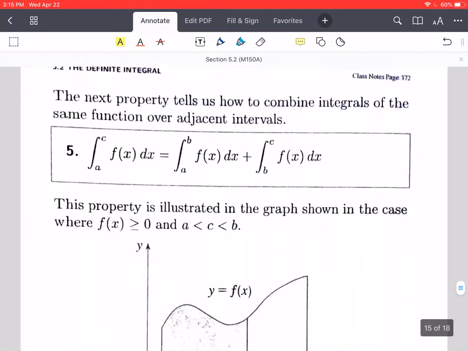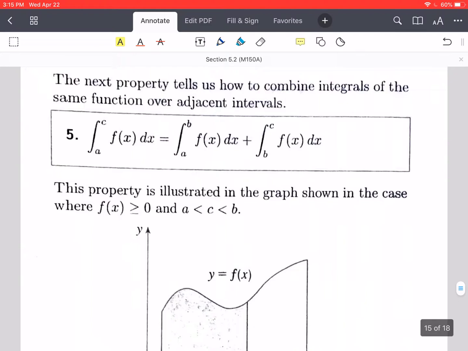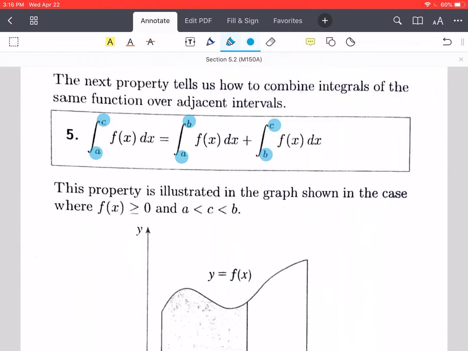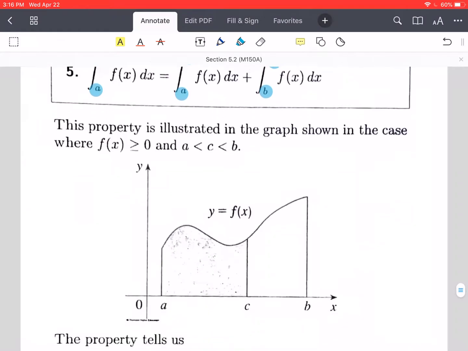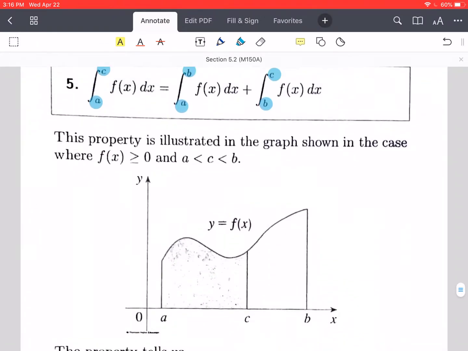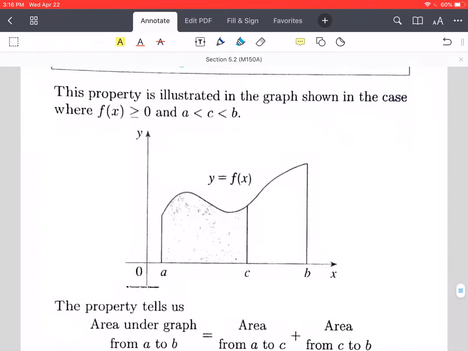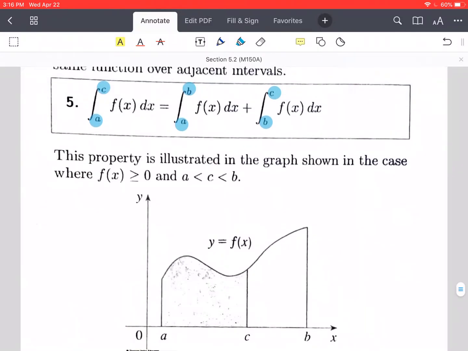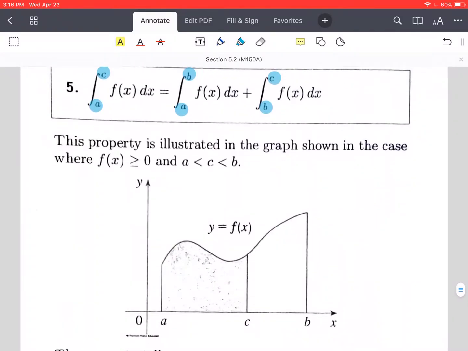Next property, if we have the integral from a to c of f of x dx, you can actually split that up across the interval. So the area under the curve from a to b plus the area under the curve from b to c is equal to the area all the way from a to c. Okay, so let's see, looks like they labeled these wrong.